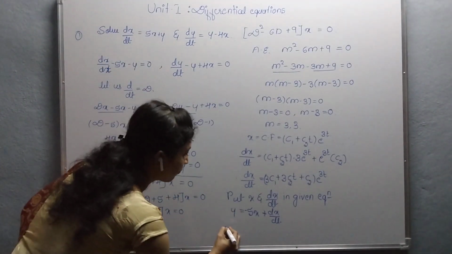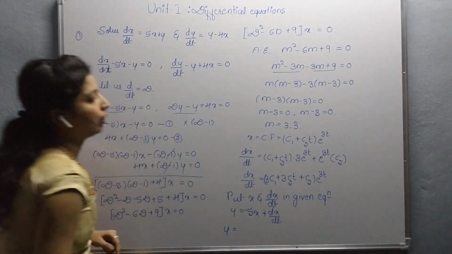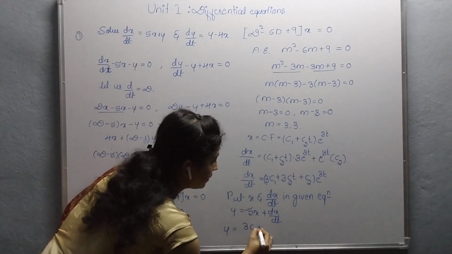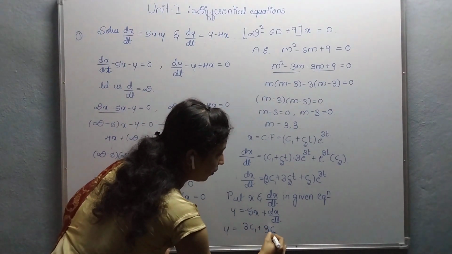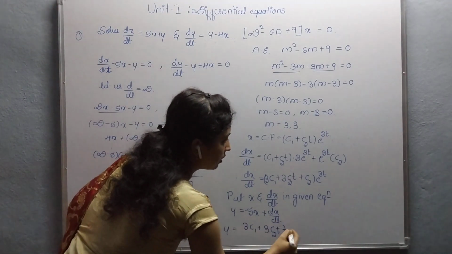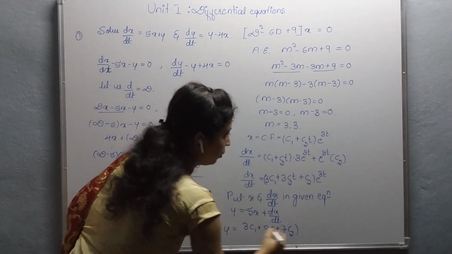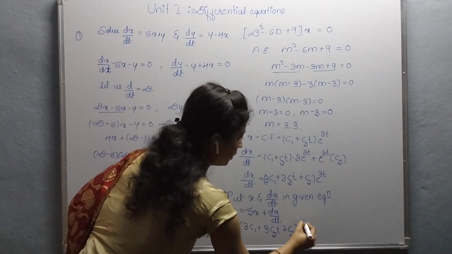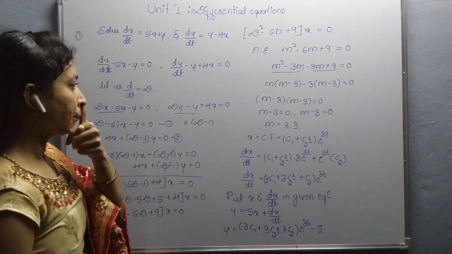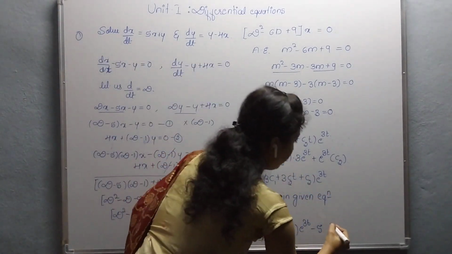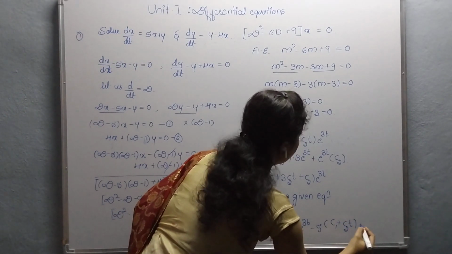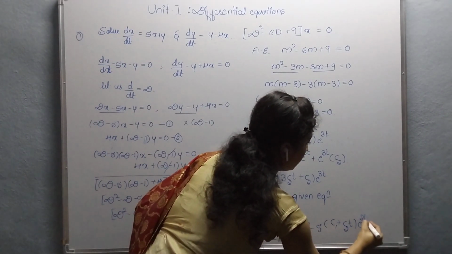Now substitute the dx upon dt and x values. So dx upon dt is nothing but (3c1 plus 3c2 t plus c2) e raised to 3t, minus 5 into x, which is (c1 plus c2 t) into e raised to 3t.